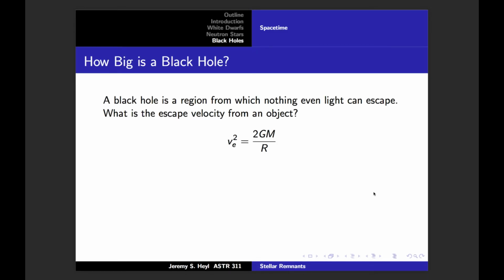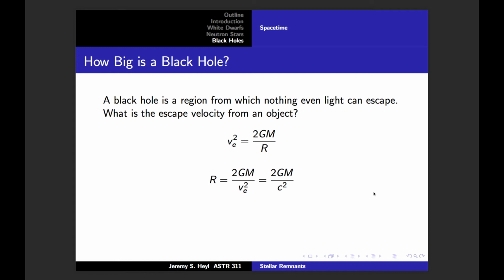The formula for the escape velocity, which we went over a little bit, is that the square of the velocity is twice the mass times Newton's constant over r, the radius of the object. And basically, we just want the escape velocity to be the speed of light. So if an object has a radius less than that number, and we'll calculate what it is, its escape velocity is greater than the speed of light.